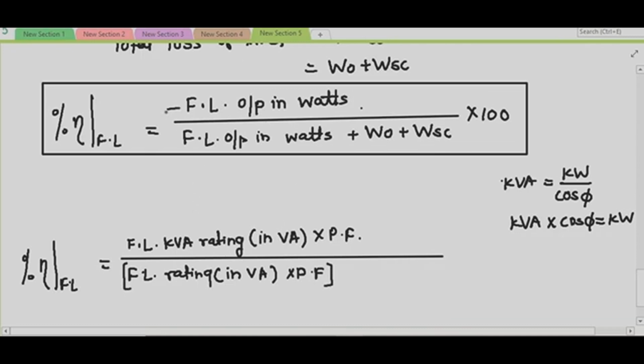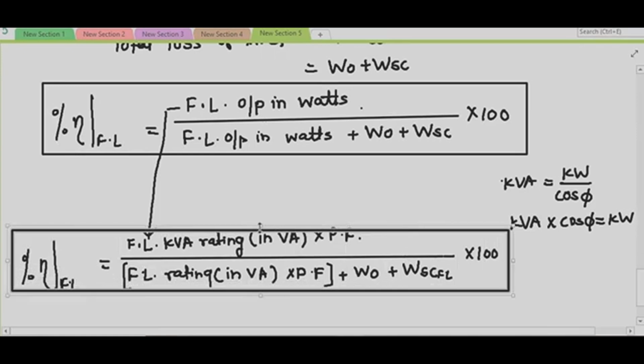So for this I am substituting KVA into power factor, which is nothing but the output in watts, plus iron loss, which is nothing but W0, plus copper loss at full load, which is nothing but WSC, into 100.